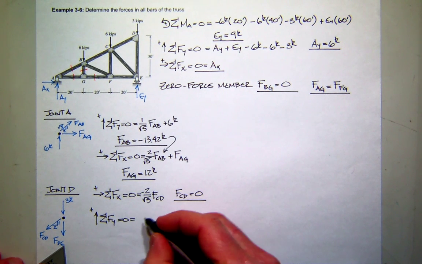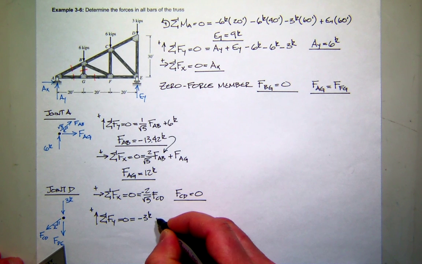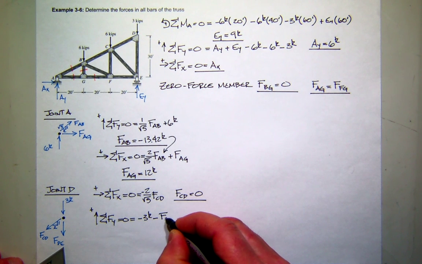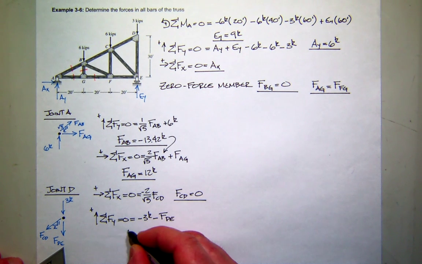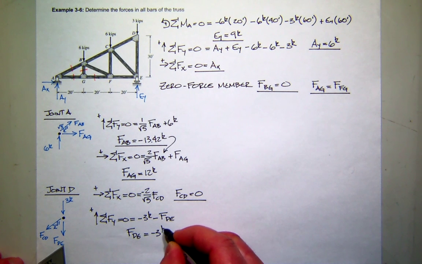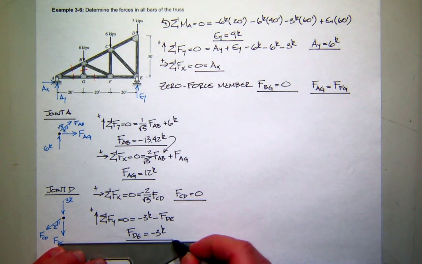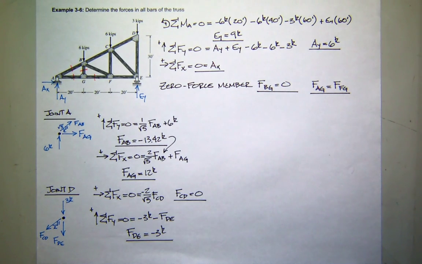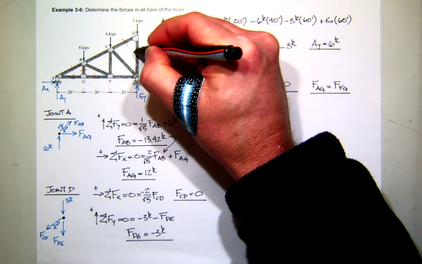So we've got negative 3 kips acting down, minus the force in DE. When I solve for the force in DE, I get minus 3, in compression. So that means we have this one, and we have this one.